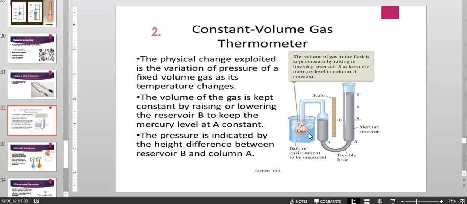Or if we want to find out the high temperature of a water or the boiling water's temperature, we will place that warm water inside this beaker, and we'll place this bulb inside this beaker, as it contains gases, and when these gases sense the temperature of this beaker, they will either expand or contract respectively, depending upon the water, for example, or the liquid which is placed inside this beaker.